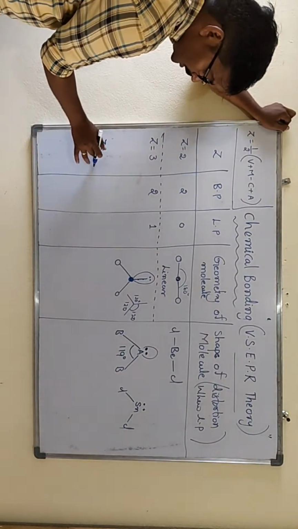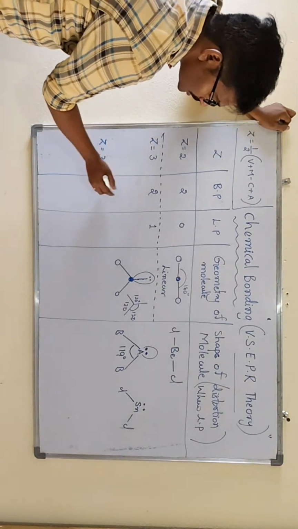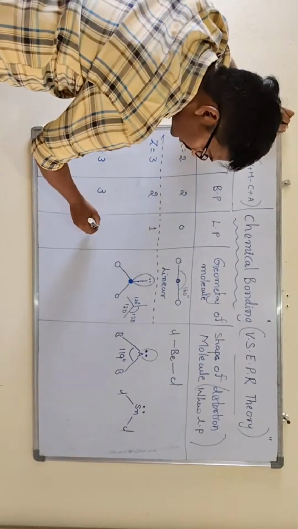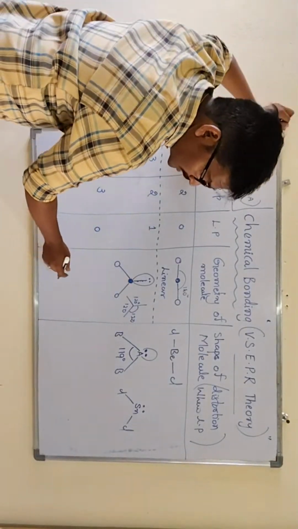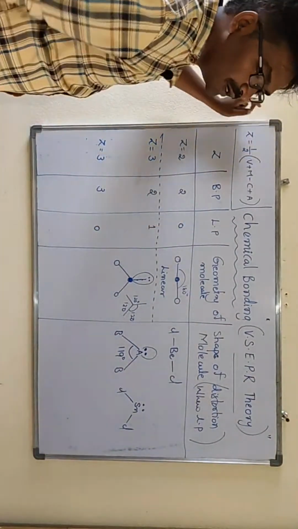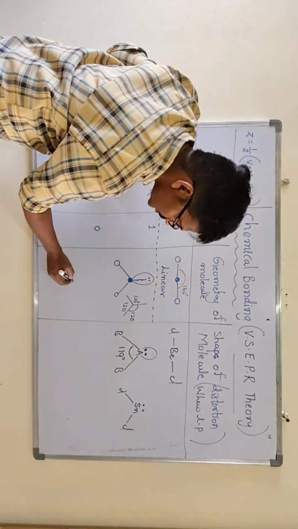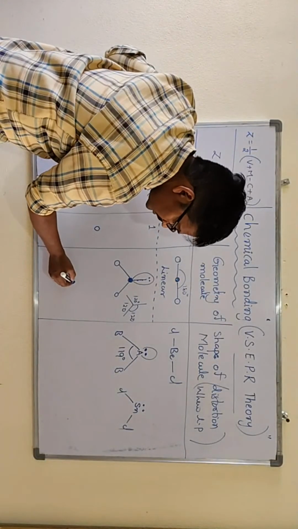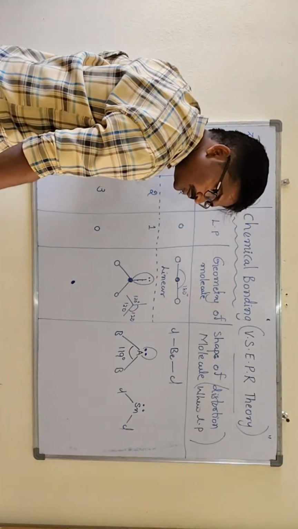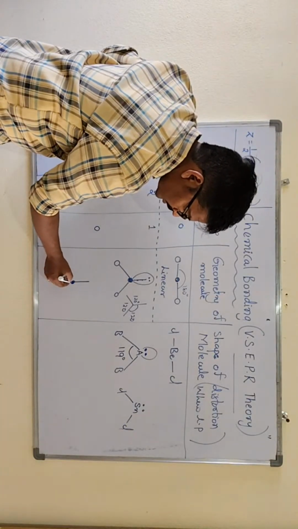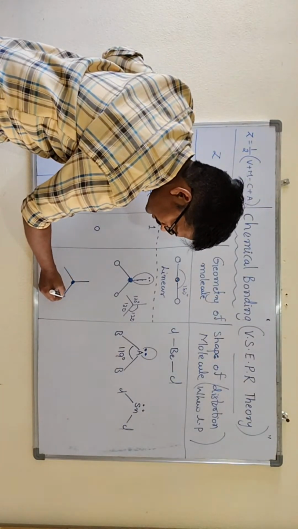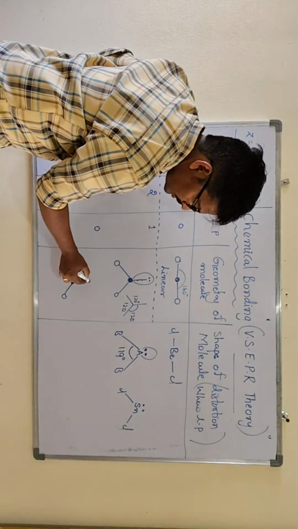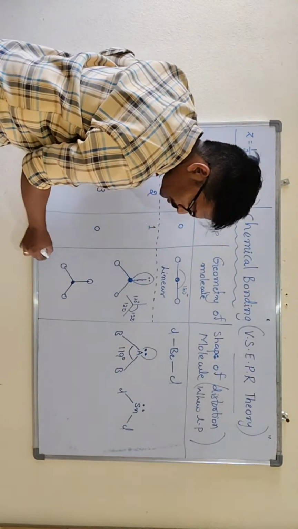Sir, in case you take Z value 3, only bond pairs, there are no lone pairs. At that time, how can you take the geometry of the molecule? Just assume the central atom, then bond pairs 1, 2, 3. This is the bond pair, this is the bond pair, this is the bond pair.